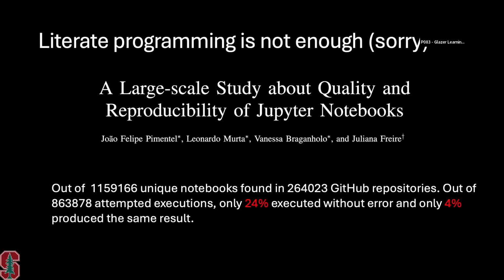Whoever programs and has GitHubs knows that errors are very common, and it's not just because someone made a mistake. It's probably because you didn't read the fine print. True. And maybe a lot of these GitHub repositories were not created with the intent of sharing the code or the code being reproducible, but as a means of backup for the person who wrote it.